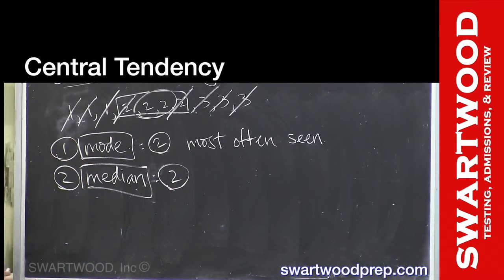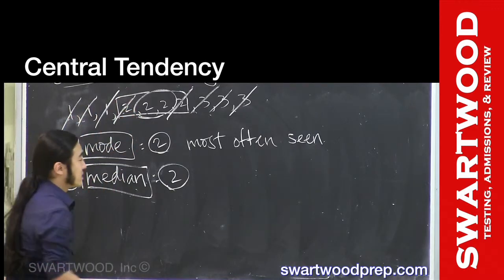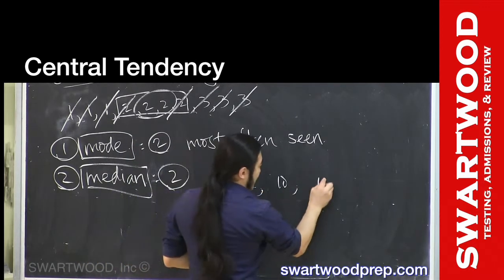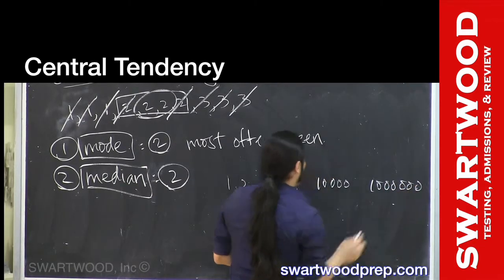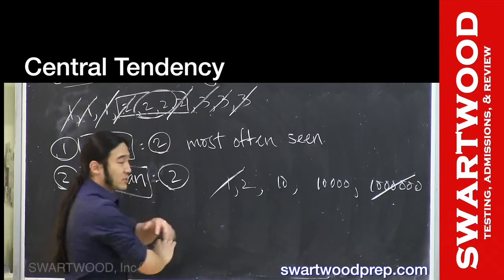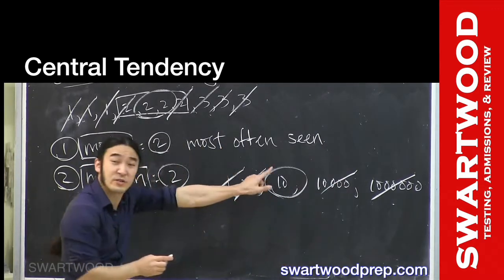Let me reiterate that in case that wasn't clear. The median is literally the middle number. So if you had a list of numbers, let's say 1, 2, 10, then 10,000, and 1,000,000, everybody agree? You take the highest number, 1,000,000, match it with the lowest number, and take it out. Then the next lowest and the next highest, take it out, and you can see the middle number here is 10.